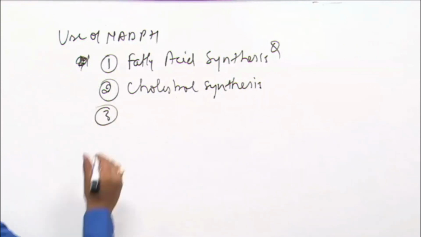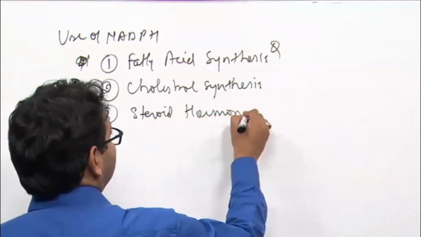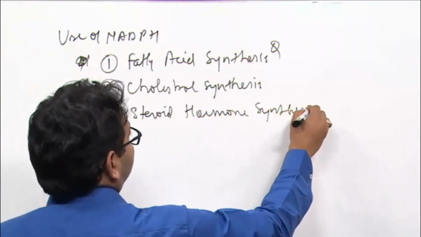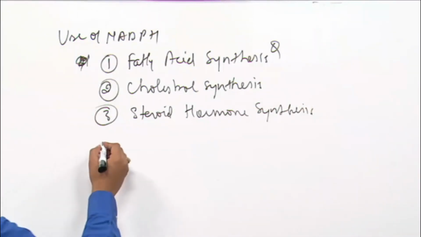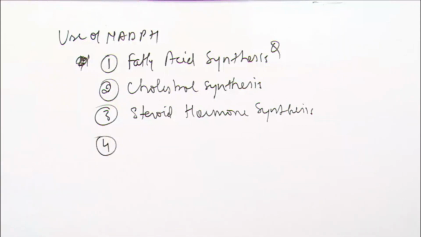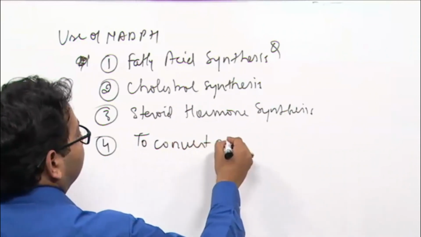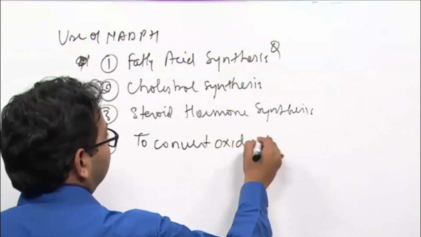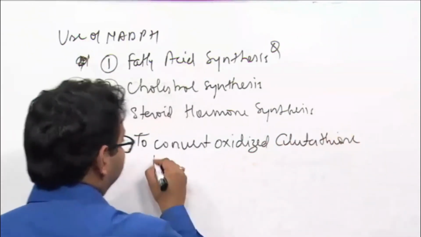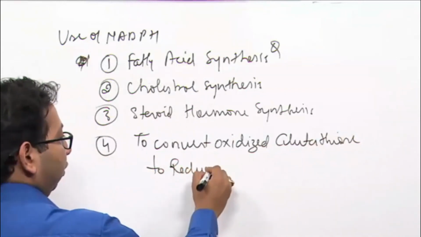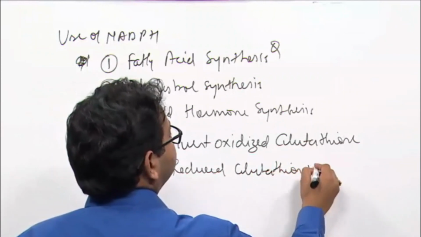NADPH is used in steroid hormone synthesis. NADPH is used to convert oxidized glutathione to reduced glutathione in RBC.